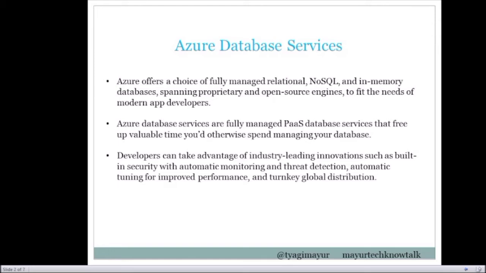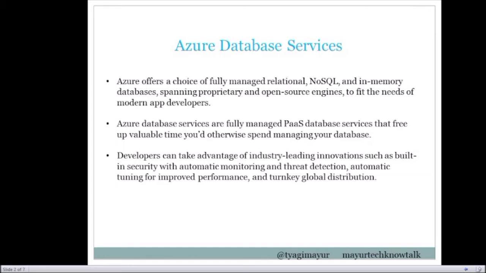Benefits of these databases are that they fit the needs of modern application developers. Developers can take advantage of industry-leading innovations such as built-in security with automatic monitoring and threat detection, automatic tuning for improved performance, and turnkey global distribution.